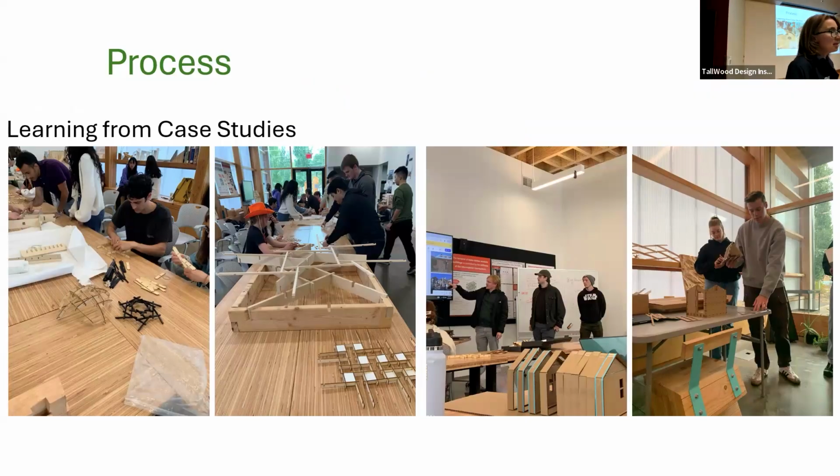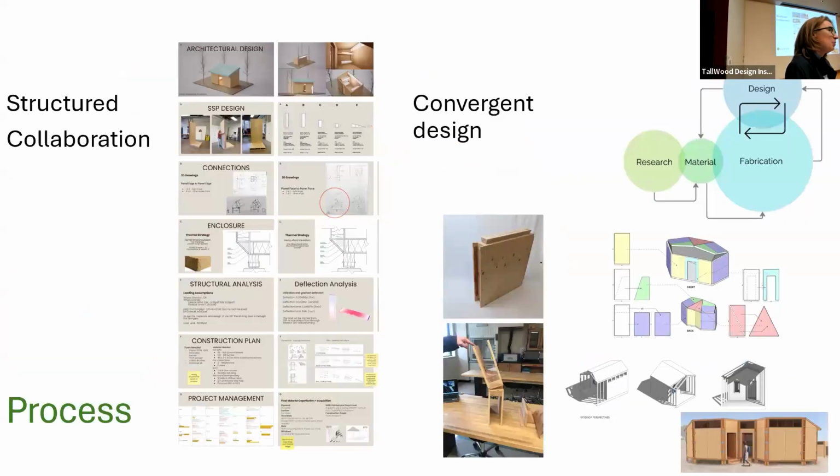During the term, the students are exposed to different case studies and test and prototype small models from these case studies, developing sort of IKEA manuals from these precedents. And the class really has to be managed through a robust, structured collaboration and communication platform.